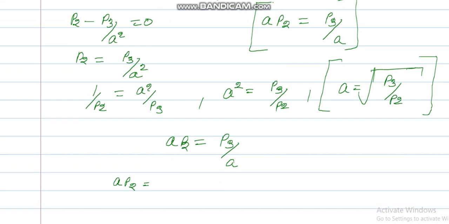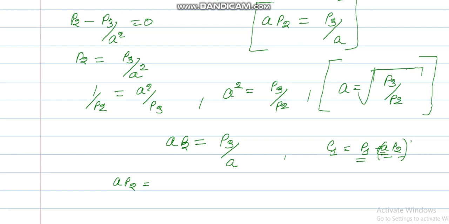Hii ni variable, tuliona kwamba C1 equals to P1 plus A P2. Tunasema hii ni constant, ila hii ni variable, inategemeana na conductor size. The value is A. Sawa, tuseme P2 is what? Tuseme P2 is a cost per unit size of the conductor. Kwa hiyo A P2 is the variable quantity ambayo inategemea na cross section area, ina depend on A.